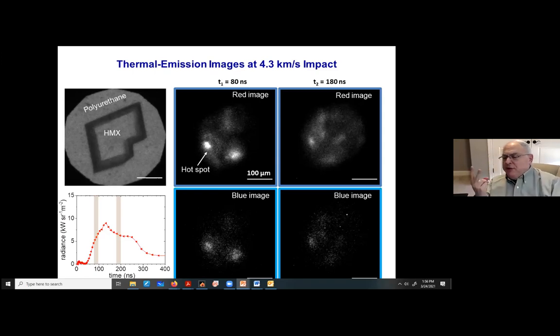We took the spectrum in two colors, red and blue. Because I have two colors, I can get two parameters. The two parameters are temperature and emissivity. So here, at 80 nanoseconds, you get hot spots in the red, and you get a different intensity in the blue. And at a later time, you get the red and the blue.